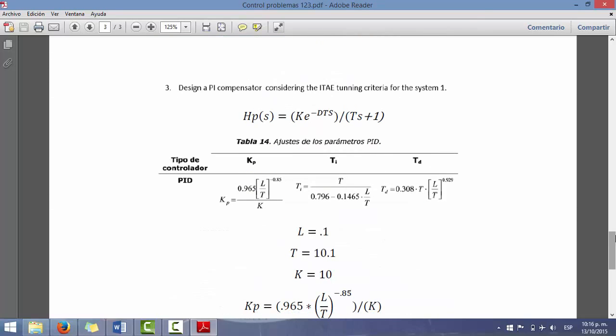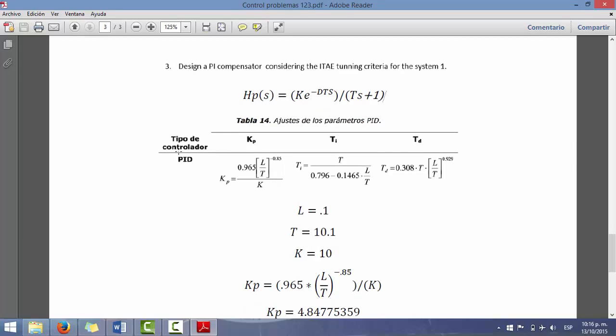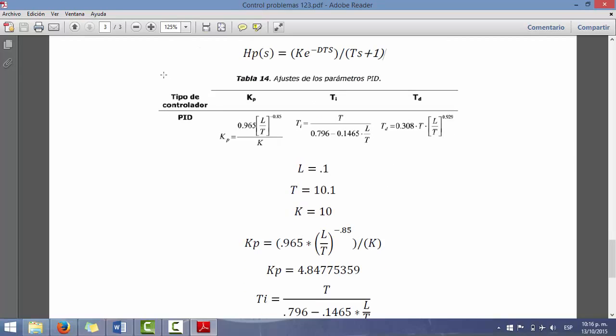For the third problem, we were asked to design a PI compensator considering the ITAE tuning criteria of the system 1. We have this formula, but we'd rather use this table, also taken from a book, but we don't take the value of Td, since it's a PI compensator, not a PID compensator.